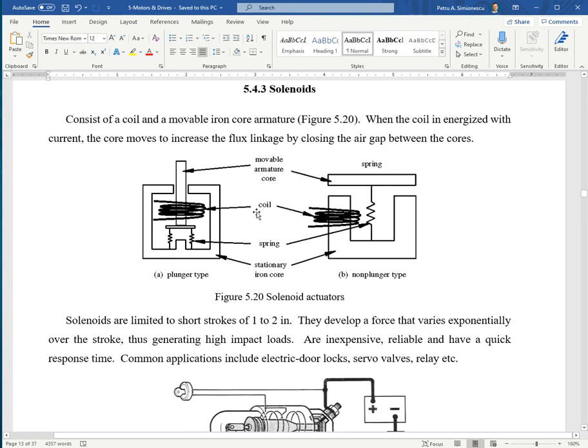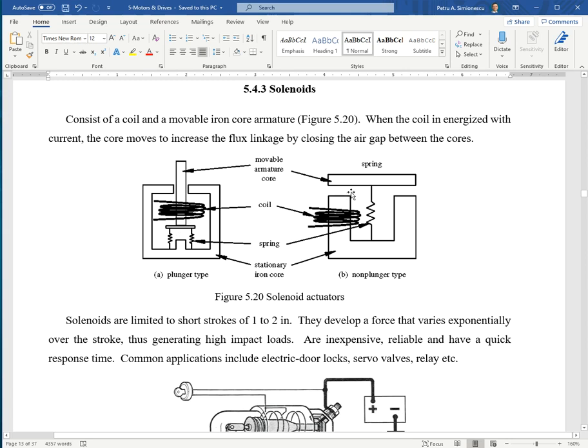So here are two types of design: the plunger type and the non-plunger type. You energize the coil. There is a spring that keeps the removable armature in a non-energized position, and you work against the spring to move the core inside.